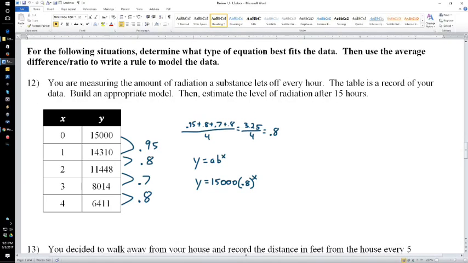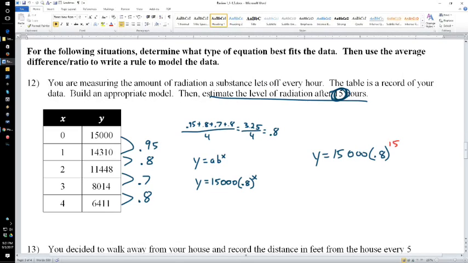All right, the last bit says, estimate the level of radiation after 15 hours. Well, 15 hours is a measurement of time, so we're going to plug it in for x. y equals 15000 times 0.8 to the power of 15. I have no idea what this number is going to look like. 15000 times 0.8 to the 15th.